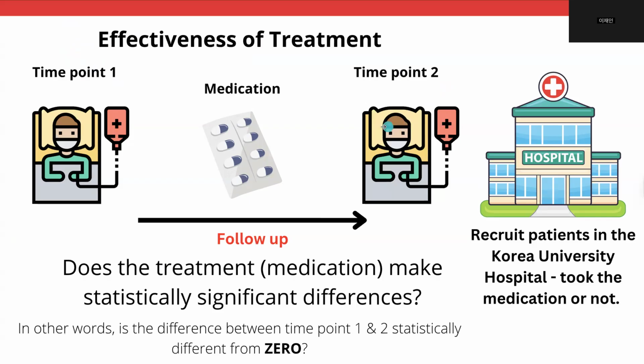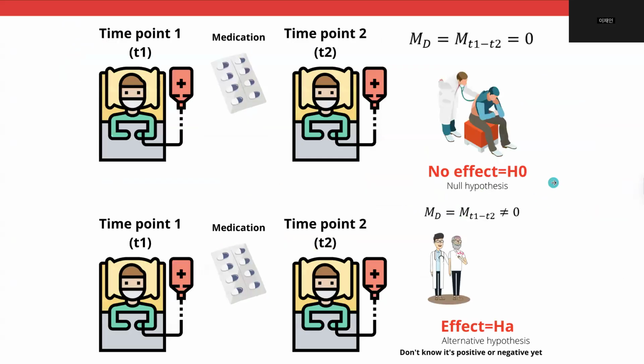If the treatment effect was zero, it means that there is no impact. There was no difference between time point one and time point two. It means that the medicine was not very useful because it didn't change anything.